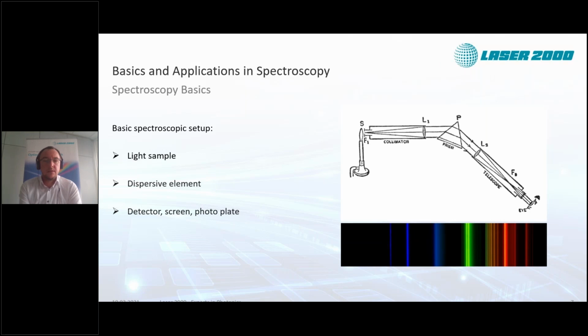And the third one is to have a detector, a screen, or like it was in the beginning, some kind of photoplate. For some types of spectroscopy, you can surely use the eye, but when it comes to laser spectroscopy, better go for a silicon detector or whatever detector, or for a photoplate.